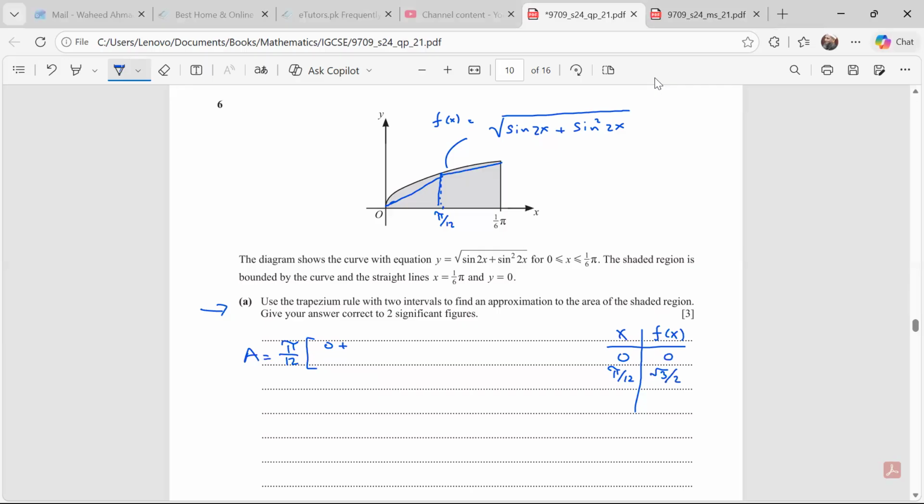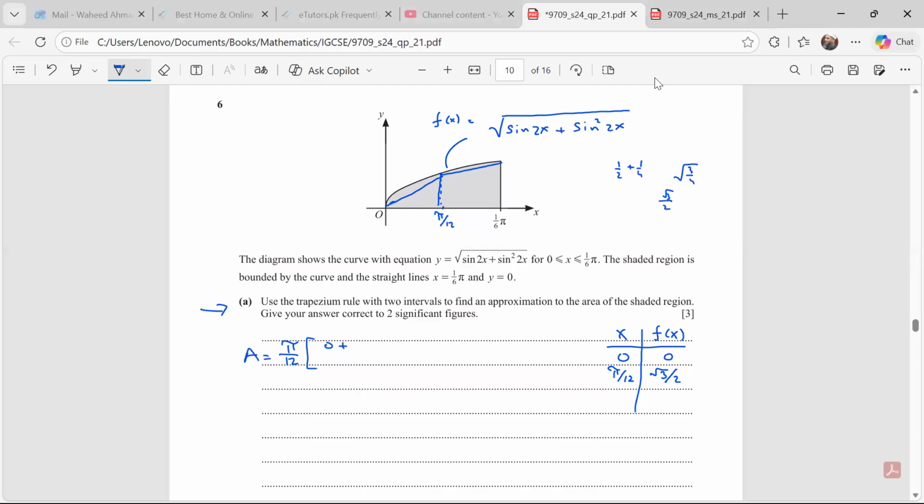You can check: if it is 15 degrees, then 2x is 30 degrees, sine of 30 is 1 by 2, and 1 by 2 squared is 1 by 4. So it is 1 by 2 plus 1 by 4, which is 3 by 4, and the square root of 3 by 4 is root 3 by 2.